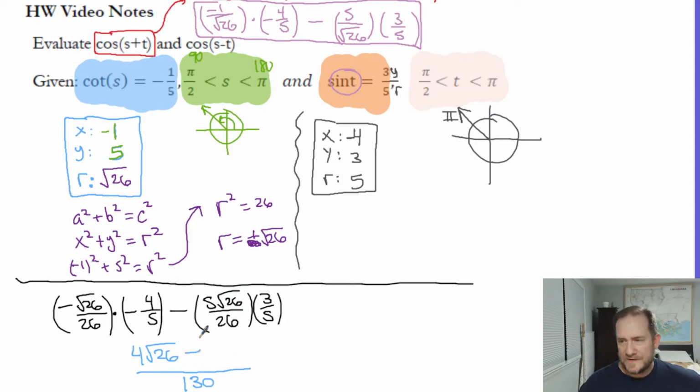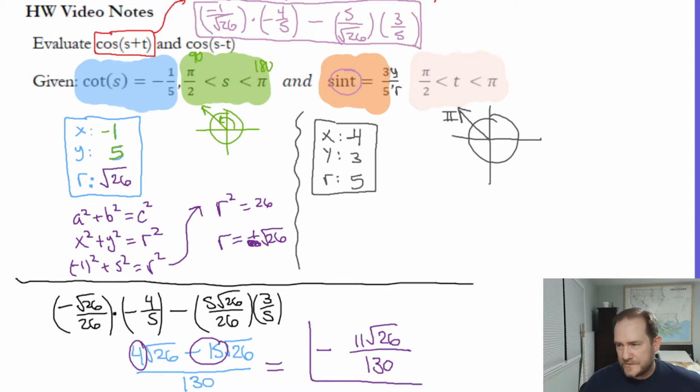We're now subtracting 5 root 26 times 3, so that's 15 root 26. And now, since both of the terms of the numerator involve root 26, they are like terms, and so you do just subtract the coefficients, and 4 minus 15 will be -11 root 26, all over 130. I do believe that should be our answer.